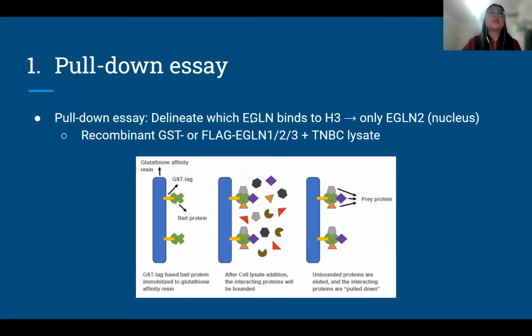This is because, one, they don't know which residue is being hydroxylated at the beginning of the study, and 2, they don't know which EGLN is responsible. So they do this pull down assay to delineate which EGLN is responsible, and they found that only EGLN2, usually localized in the nucleus, will bind to H3. That means they can narrow down their investigation of the proline hydroxylation to EGLN2.